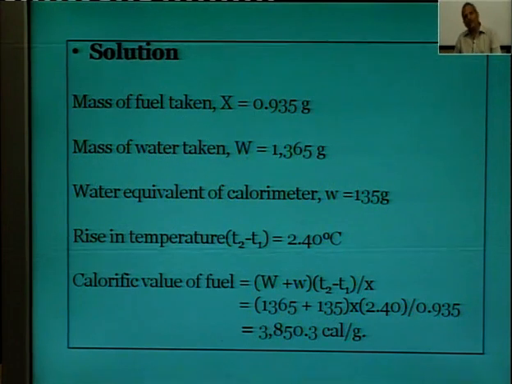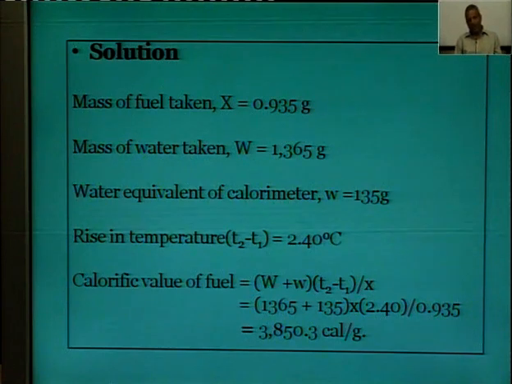So, the unit of heat is the calorie. When 1 gram of water is heated to raise the temperature by 1 degree centigrade, the amount of heat absorbed in this process is equal to 1 calorie, and there are some other units also, that is the British thermal unit.